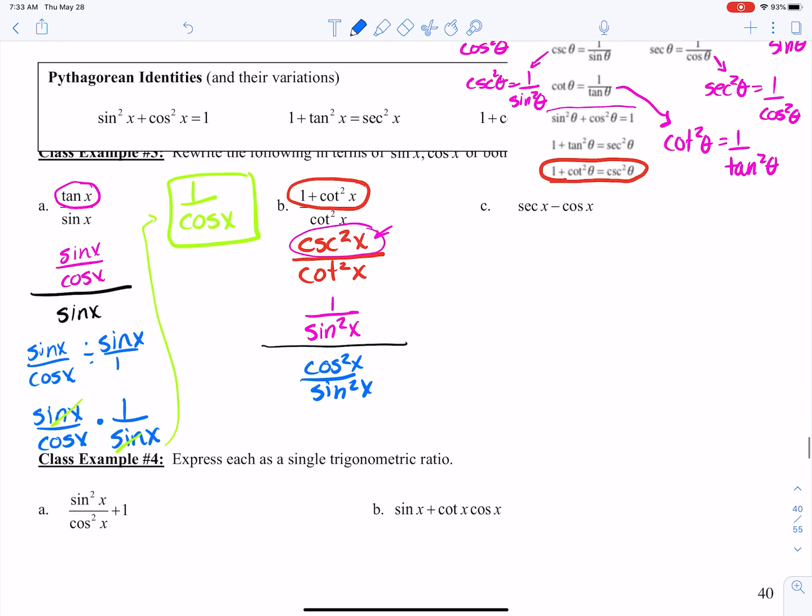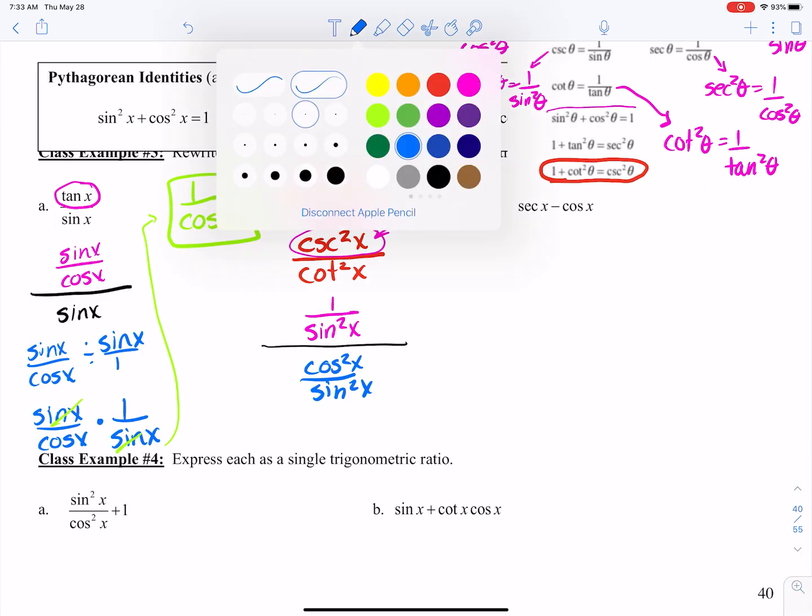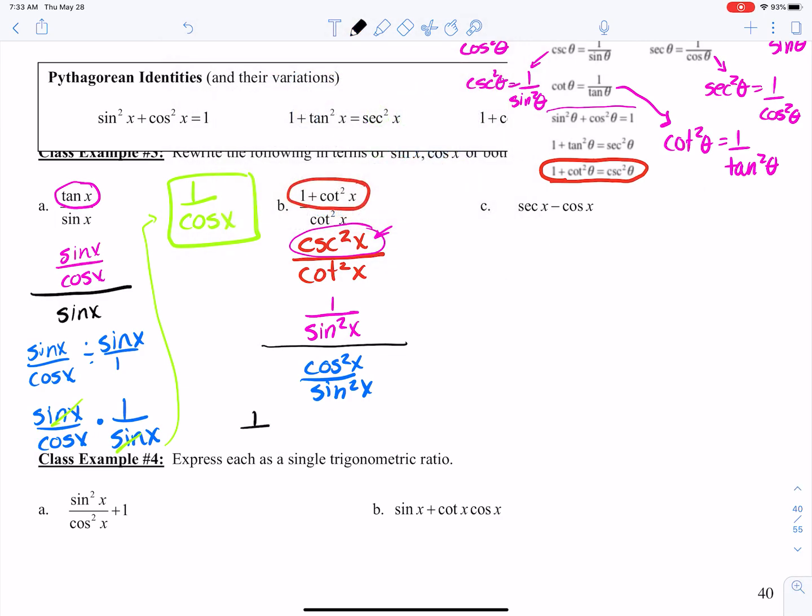And I'm going to simplify that fraction. So this is 1 over sine squared x, and I'm just going to go ahead and multiply it by the reciprocal. And you see that these two simplify, so I'm left with 1 over cos squared x.